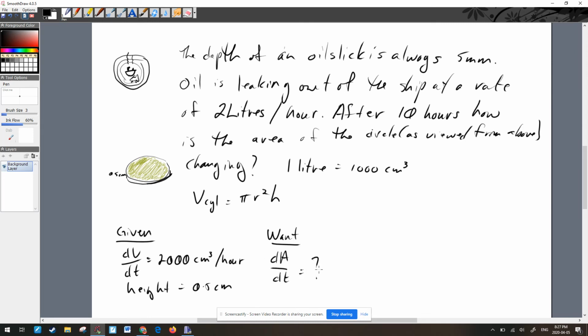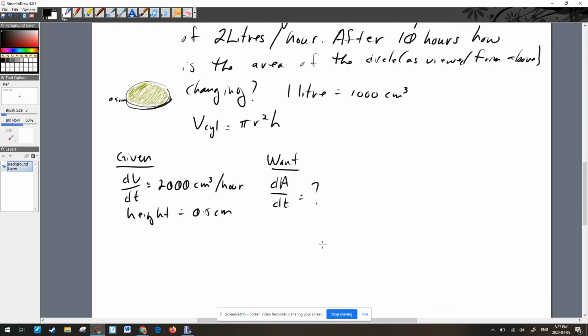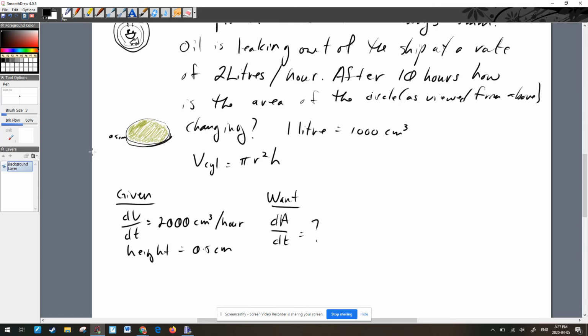If you think you can get this, go ahead, pause the video now and give it a whirl. And if you're not quite sure, watch along. So here we go. I've got a dV/dt, and I want a dA/dt, but it's going to be pretty hard to rearrange this in terms of A. So this is where some experience and practice come in: we're going to have an intermediate step.